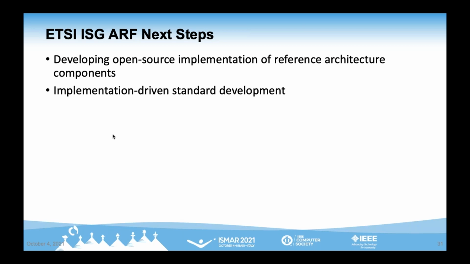So it's called an implementation-driven standards development process. There are other parallel activities that we could describe. There's model-driven standards development as well. And I think this is a very exciting approach that the industry specification group is taking with the support of ETSI.